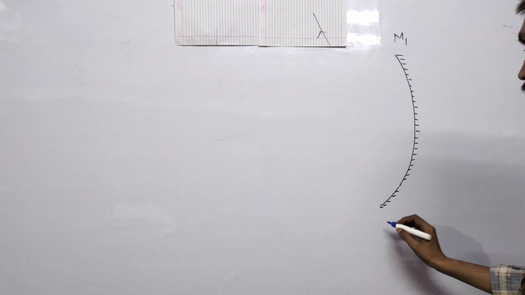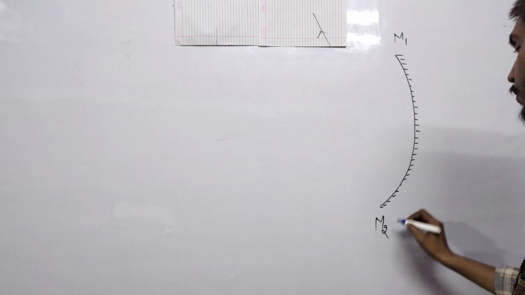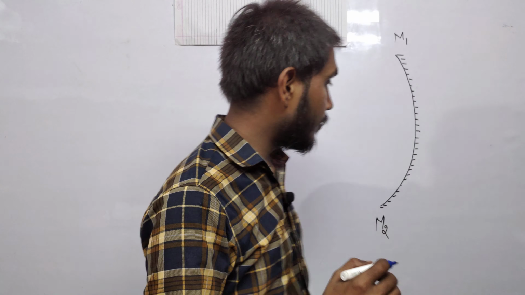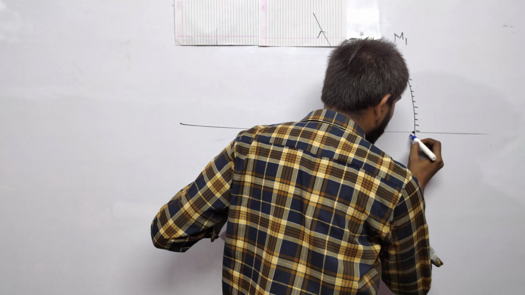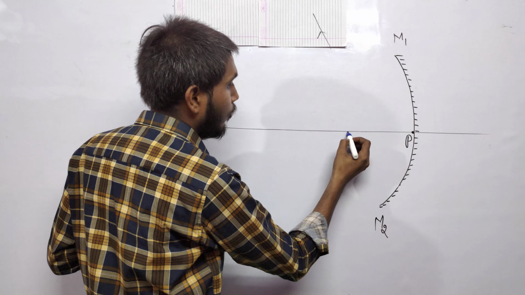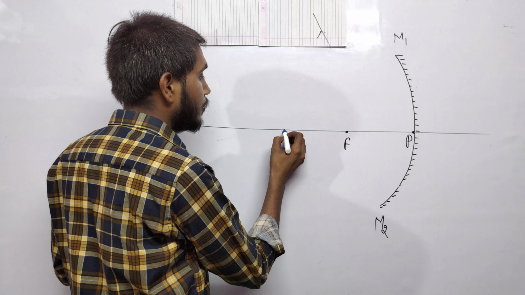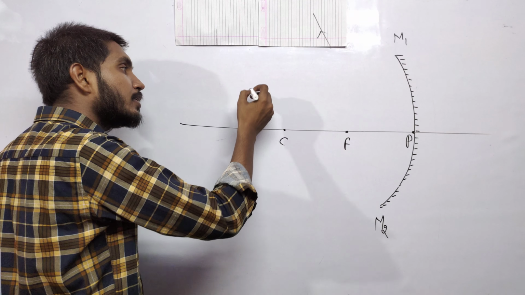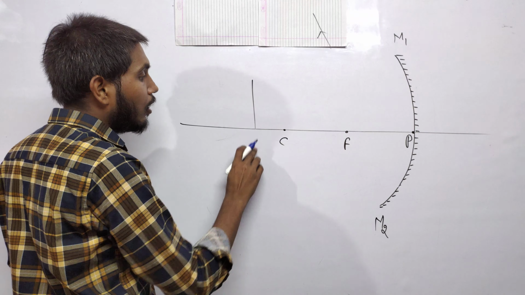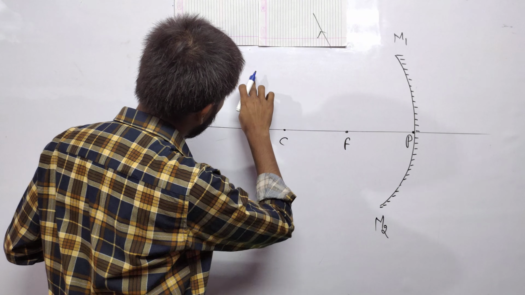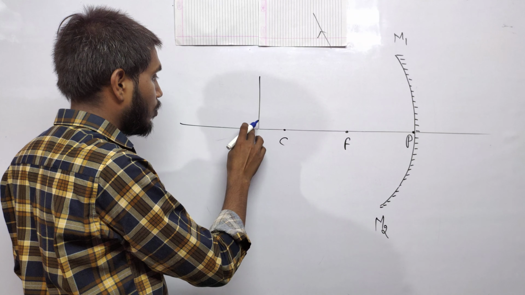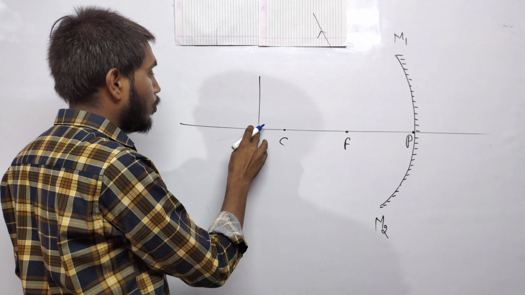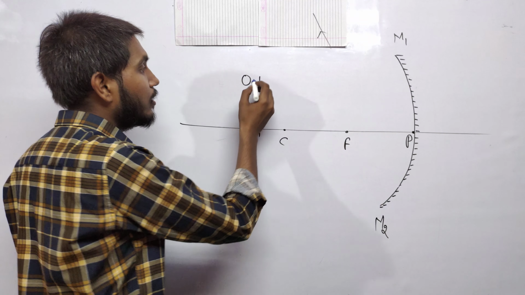Mirror M1, M2, and this is the pole, focus point, center of curvature, object, OO dash.